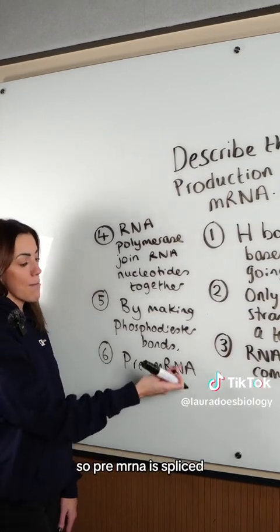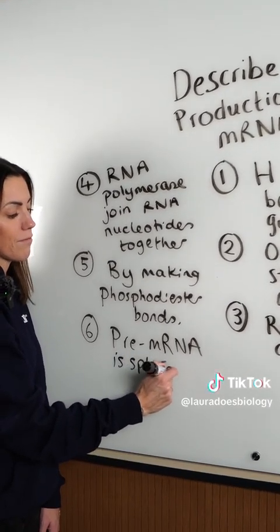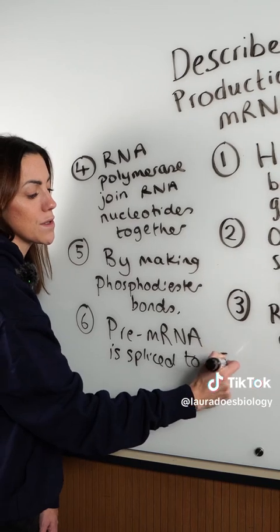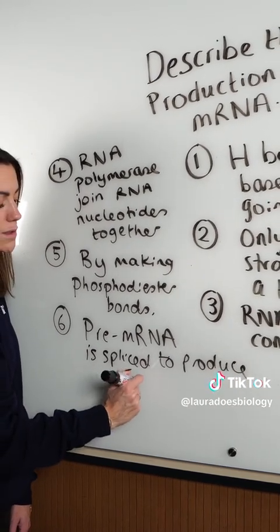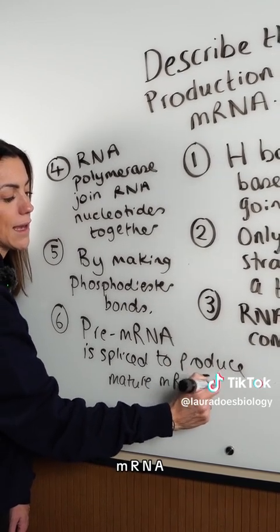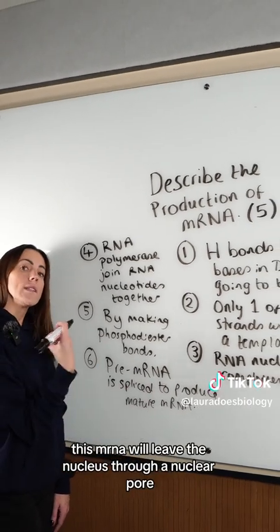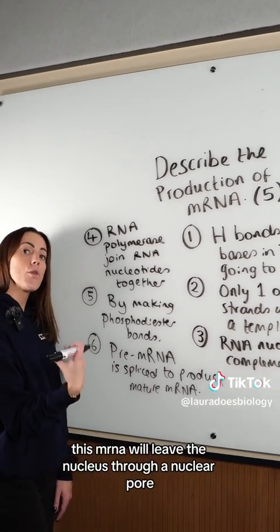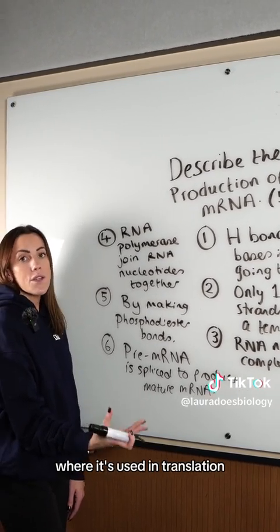So pre-mRNA is spliced to produce mature mRNA. This mRNA will leave the nucleus through a nuclear pore where it goes to the ribosome, where it's used in translation.